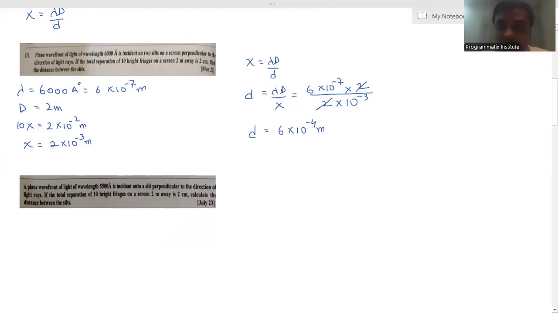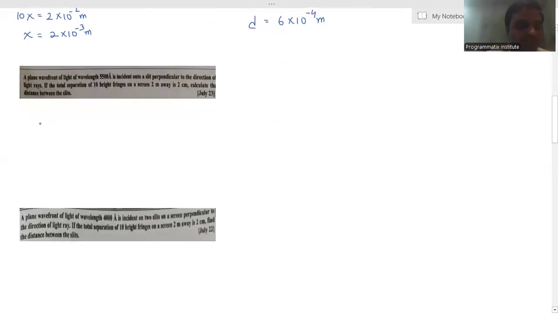See, in the initial question you had 6000 angstrom, and all the given is the same. Only thing they have done is changed the wavelength. So I guess this is self-explanatory from this point. All you have to do is just resubstitute the values.